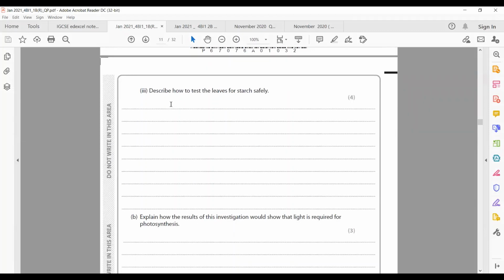Describe how to test the leaves for starch safely. We will use iodine solution. First, we'll heat the plant leaf in boiling water for about 30 seconds to kill the leaf and stop any chemical reaction. Then we'll add the leaf to boiling ethanol in a water bath for a few minutes because it will dissolve the chlorophyll and remove the green color from the leaf.